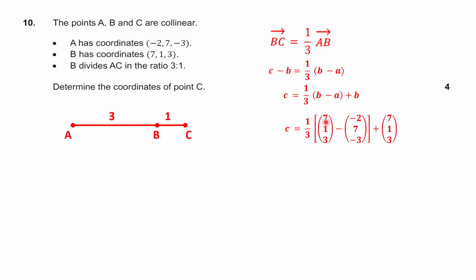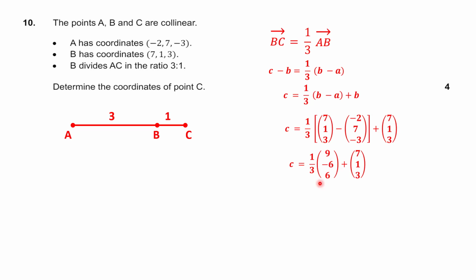So it's 1/3 of the column vector B take away column vector A plus 7, 1, 3 because that's the coordinates of B. Now we have to tidy up this middle bit here. 7 take away -2 is 9, 1 take away 7 is -6, and 3 take away -3 is 6. So we're going to get 1/3 of 9, -6, 6, but we've got to add on B at the end there.